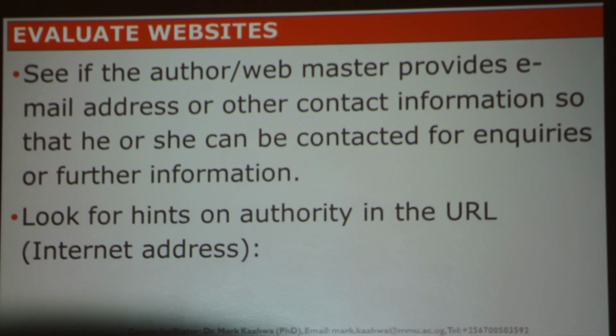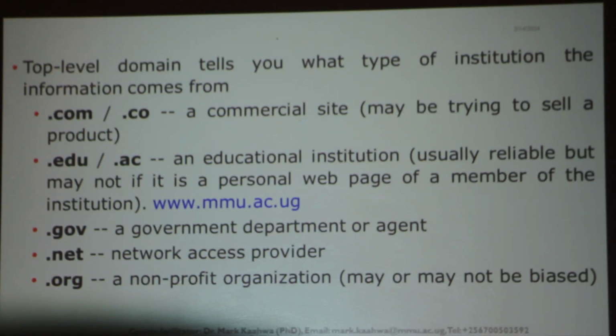So look for hints on authority in the URL or the internet address. For example, the top level domain tells you what type of institution the information comes from. If it is .com or .co, the commercial site may be trying to sell a product.